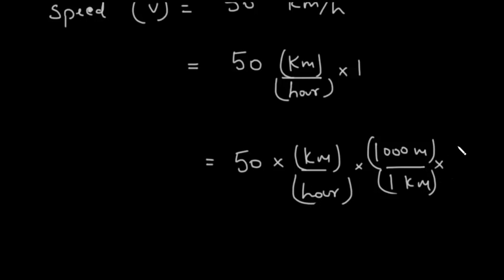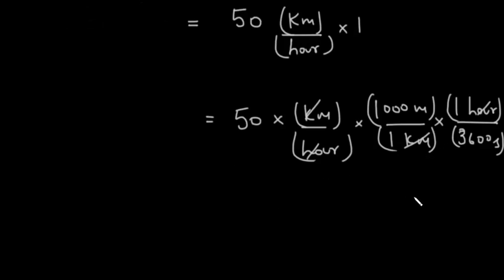Similarly for hour, I can write here 1 hour divided by 3600 seconds. 1 hour is equal to 60 minutes and 1 minute is 60 seconds. So 60 into 60, 3600. So this hour will be cancelled by this, and this kilometer can be cancelled by this.